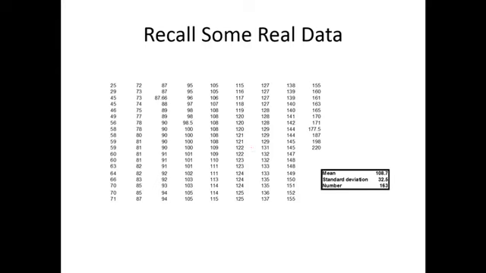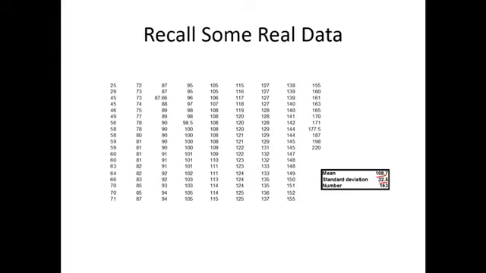Okay, and so I'll go back to my real data that I had from the program I administer. Here we've looked before and we've seen that it's a nice fit for the normal curve.